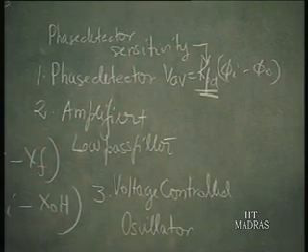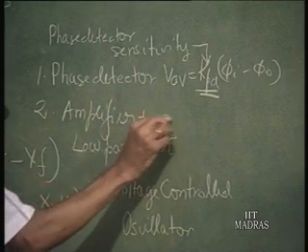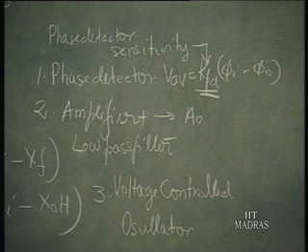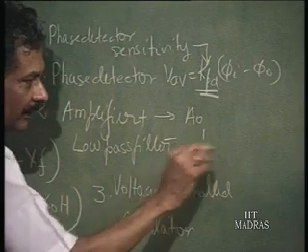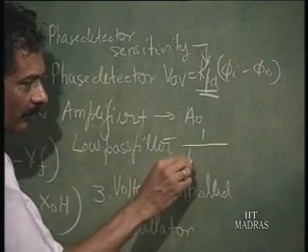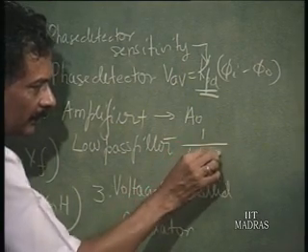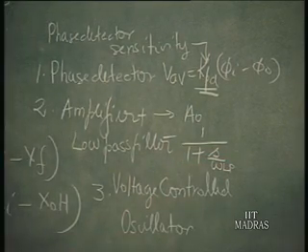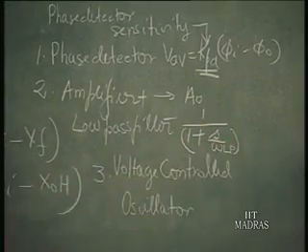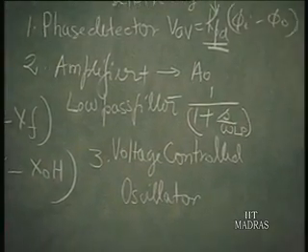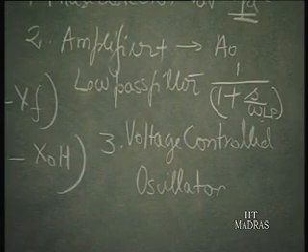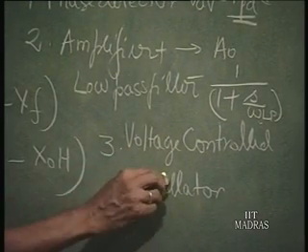Amplifier sensitivity is called gain. So, amplifier gain is called A naught, the DC gain. Low pass filter has a cutoff frequency. So, that low pass filter characteristic will look like 1 by 1 plus s by omega LP, a first order low pass. This also we have discussed earlier. That is, omega LP is the cutoff frequency of the low pass filter. The voltage controlled oscillator also has a sensitivity.